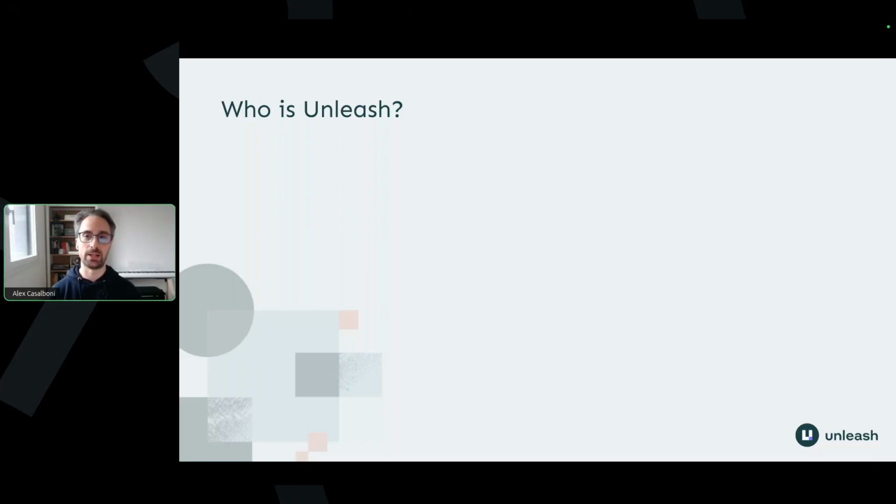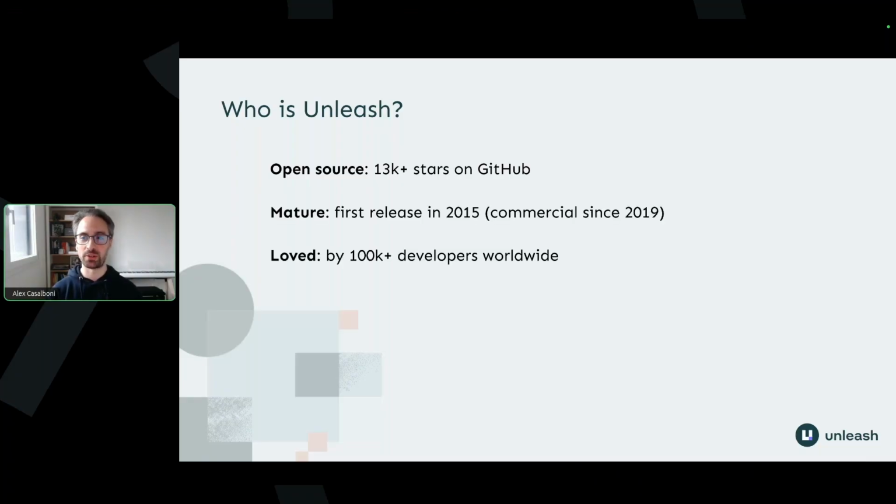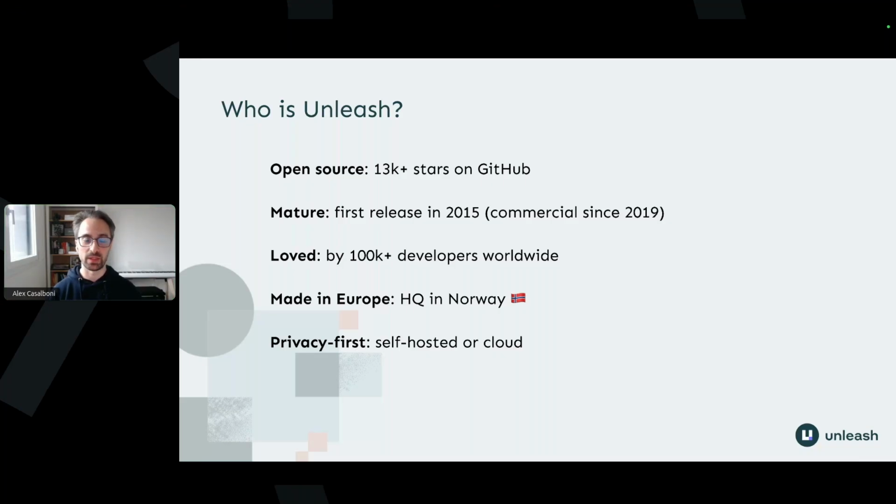If you've never heard about Unleash, quick recap, long story short, the product has been around for about 10 years. It's loved by hundreds of thousands of developers. It's an open source project. It's made in Europe, in Norway. Kudos to the founding team from Oslo. It's also very much a privacy first and enterprise ready project, meaning you can use it in the cloud or you can self-host it in your infrastructure.